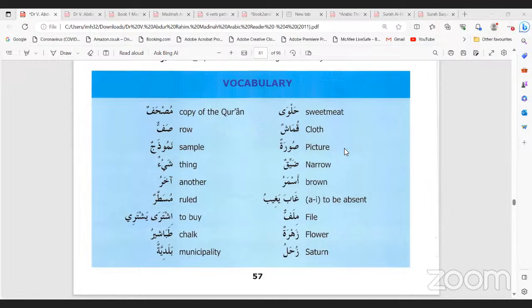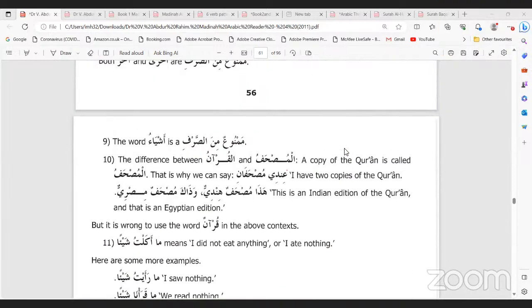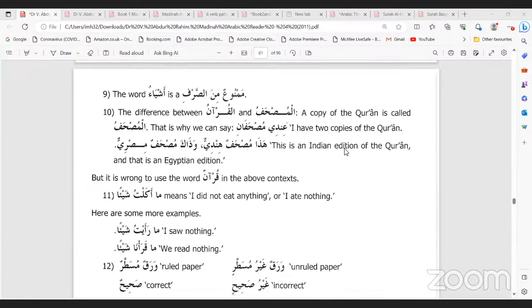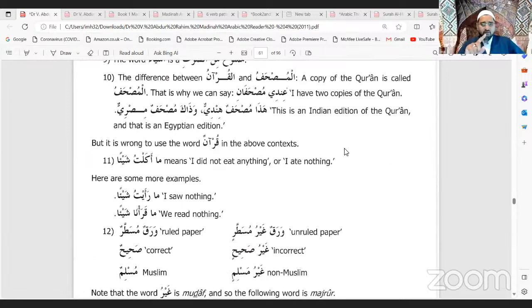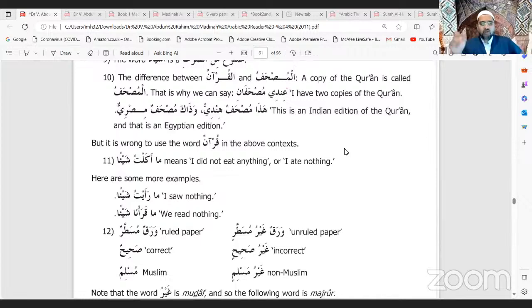I'm a little bit confused about, sorry, I know it's very elementary, but ma, when do you use it? You use it for both present tense and past tense? Yes. Ma akaltu shay'an, I haven't eaten anything, for past tense. And when it comes with a present tense verb, ma akulu means I'm not eating now.